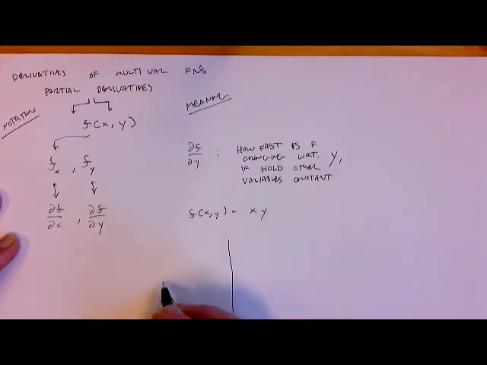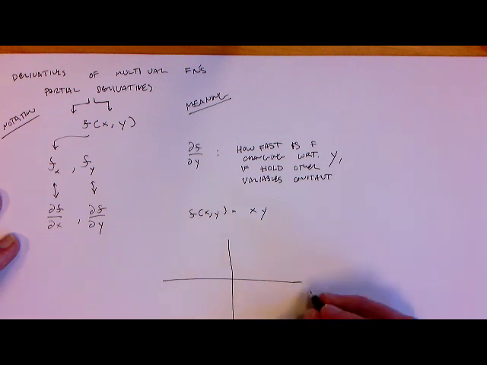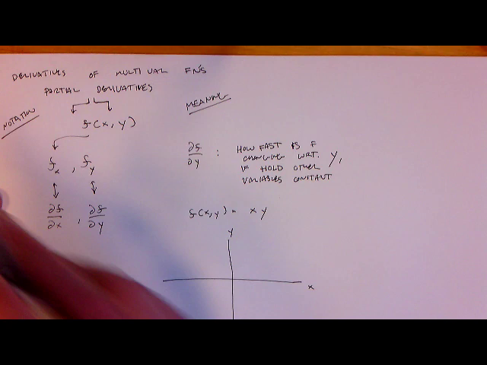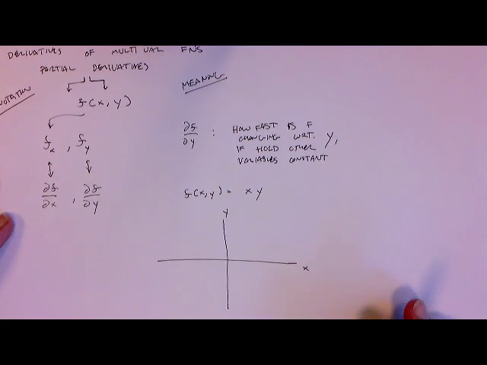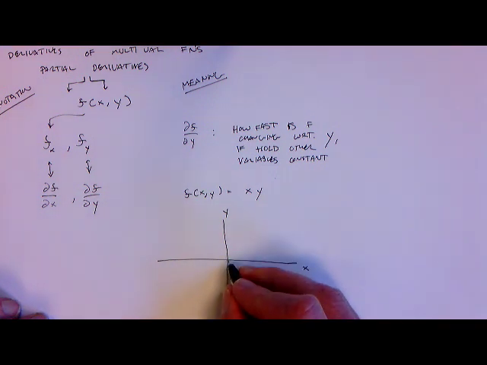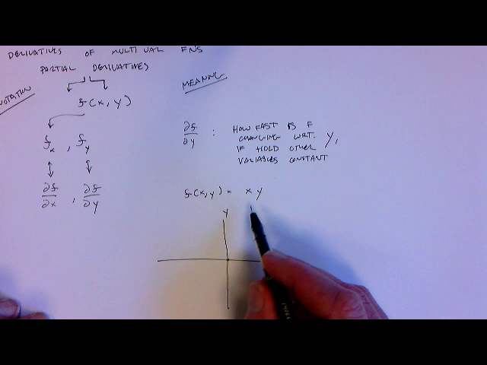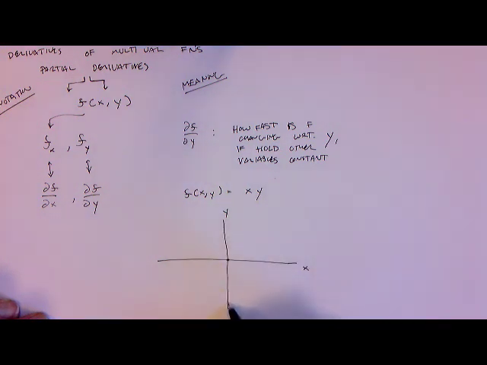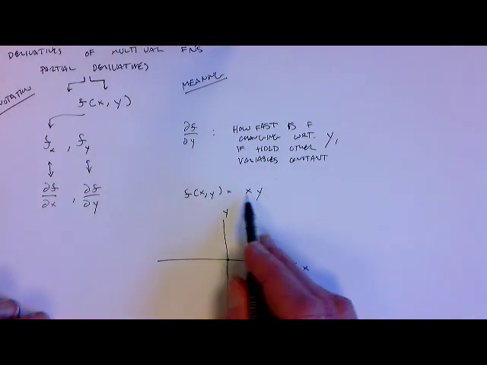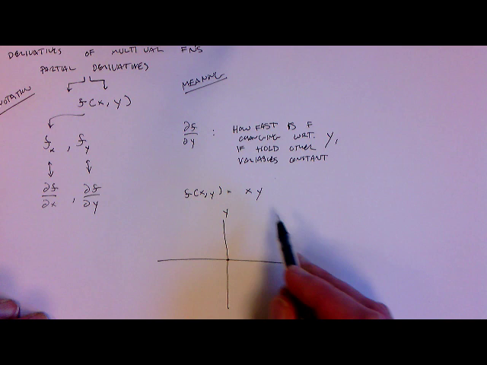When we think about what x times y looks like, here's x and here's y, and we're imagining this function x times y evaluated on the plane. Well, pretty clearly x times y is 0 at the origin. As we move along the y-axis, it stays 0 all the time. As we move along the x-axis, it stays 0 all the time, because when x is 0, it's 0, and when y is 0, it's 0.